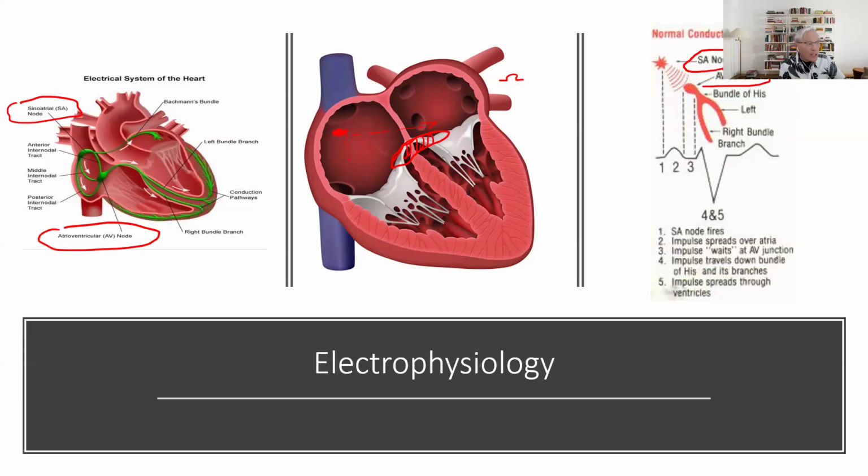Its physiologic purpose, the reason why we have an AV node, is in order to allow for complete atrial contraction before ventricular contraction. Let me explain what I'm talking about. When the sinus node fires and the atria contracts, the impulses do not go to the ventricles right away. The reason is God created us to have two chambers or two pumps, the atrial pump and the ventricular pump.